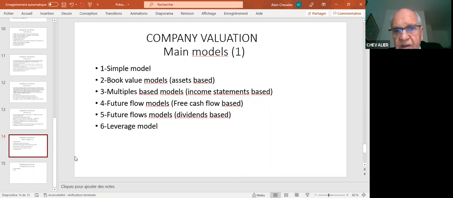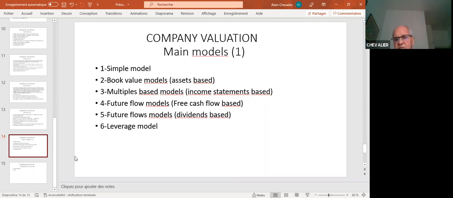Third one, multiple-based models. We'll come back several times to that. All these models use benchmarks, use comparables, and use, in the income statement, mainly three margins. The first one being the EBITDA, the second one being the EBIT, and the third one being the net income or net earnings.